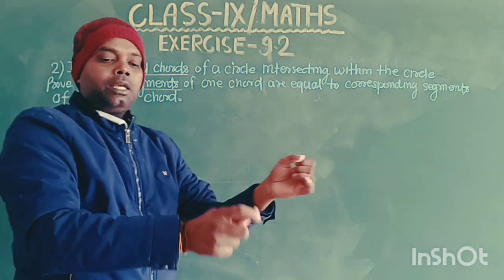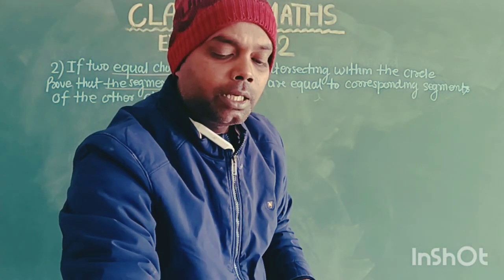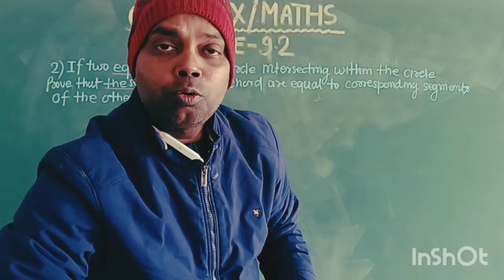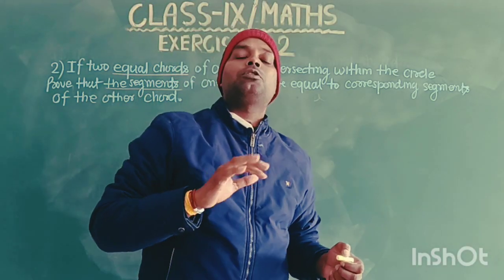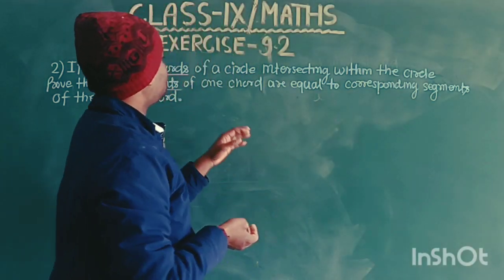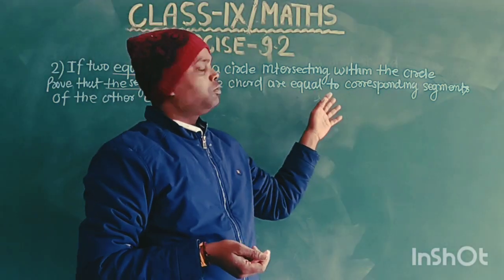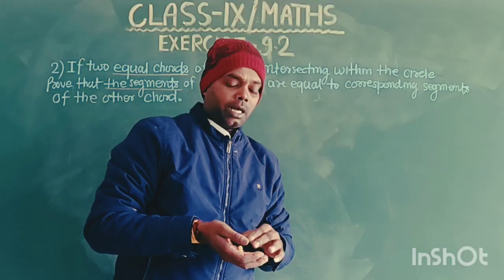So basically it has been given that there is a circle having two equal chords intersecting each other within the circle, and we have to prove that the segments of one chord are equal to the corresponding segments of the other chord.